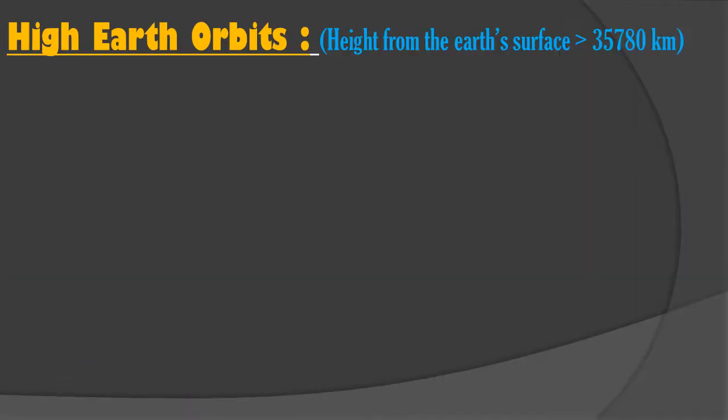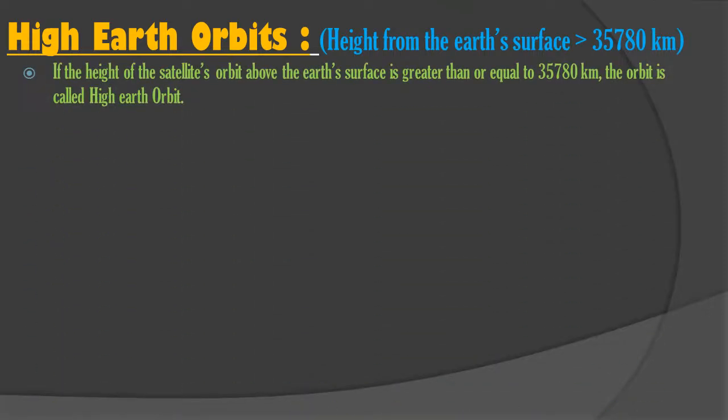Now let's study first the high Earth orbit, with height from the Earth's surface greater than 35,780 km. Students, if the height of the artificial satellite's orbit above the Earth's surface is greater than or equal to 35,780 km, then the orbit is called HEO or high Earth orbit.